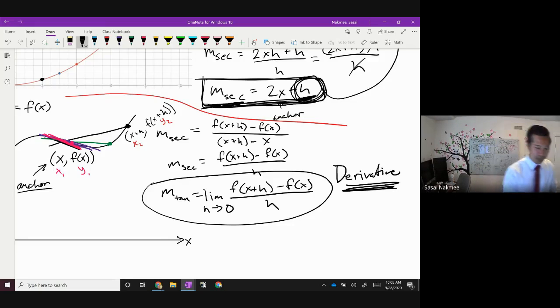But that idea of the derivative comes from the fact that you have to take the limit as these two points get arbitrarily closer to each other, to the point where there is no distance between the two of them. Now, why do we have to take that limit? If you don't take the limit and you try to calculate the slope of a tangent line, you end up with x1 minus x1 in the denominator and y1 minus y1 in the numerator, so something like 0 over 0.